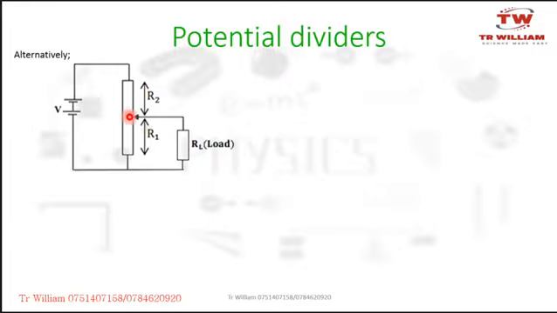Now these resistors can be like a rheostat, whereby I'm varying, or like a potentiometer, for example. With a potentiometer, I'm varying. If I extend there, the resistance there is reducing and R1 is increasing. If I extend the connection here, then R1 will now be small, whereas R2 will be very big.